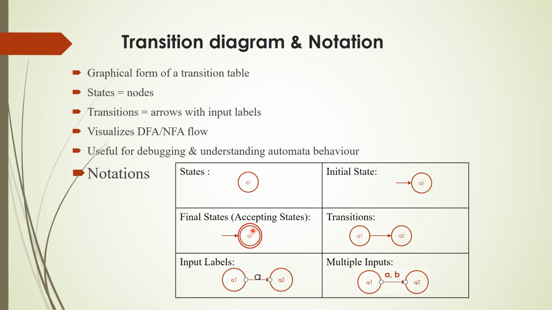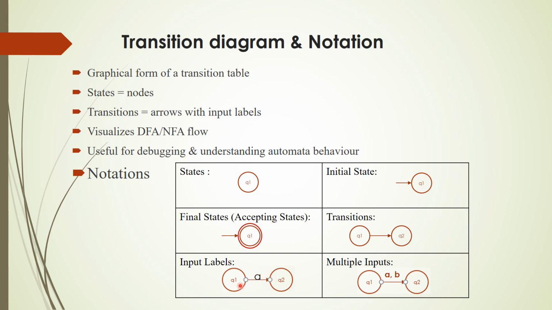Next one is the transition. A transition is represented by a directed arrow or edge connecting different states. The arrow indicates the direction of movement between states. In this diagram, you can see the transition from state Q1 to Q2. Each transition arrow is labeled with the input symbol that causes the system to move from one state to another.